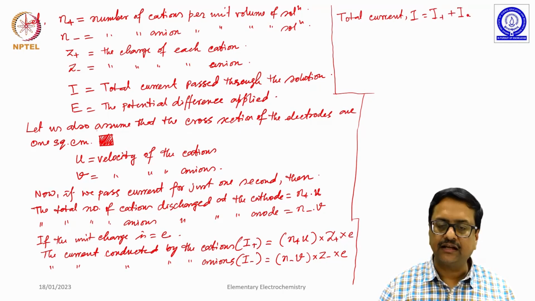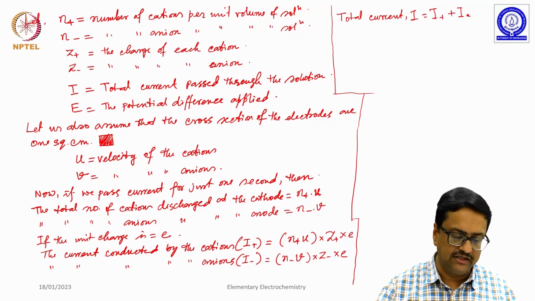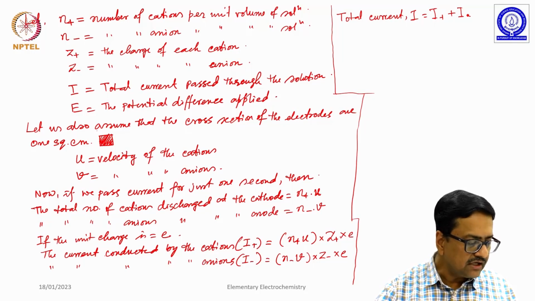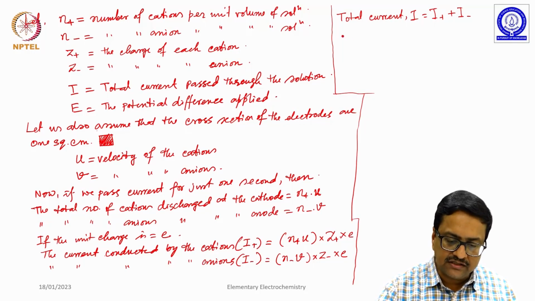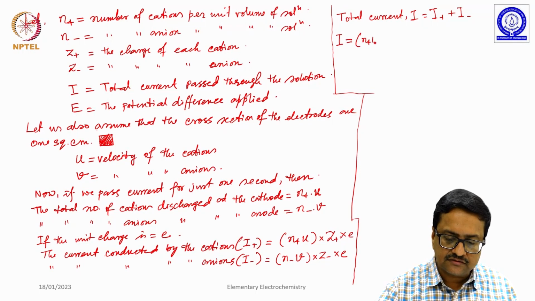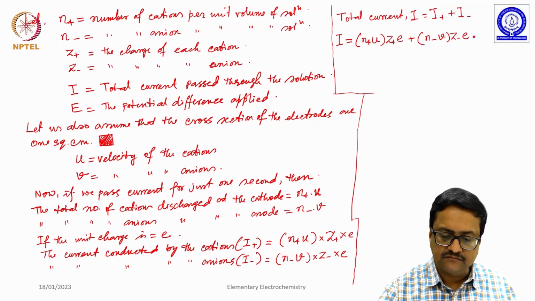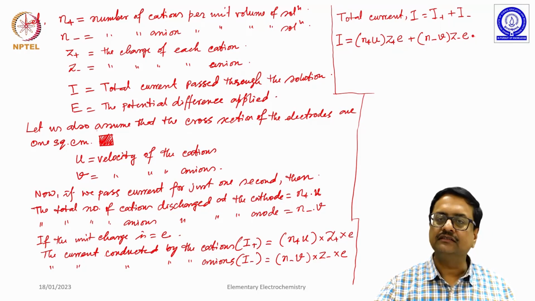Current conducted by the cation plus current conducted by anion is the total current that was conducted. So, if you add I plus and I minus, we write I equal to n plus u into Z plus E plus n minus V Z minus E.